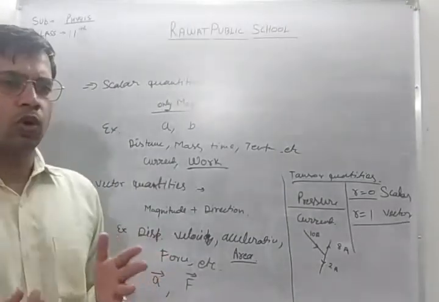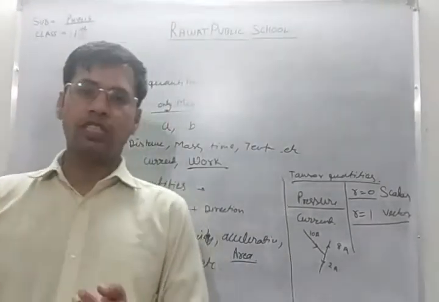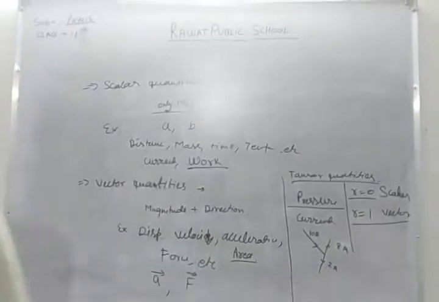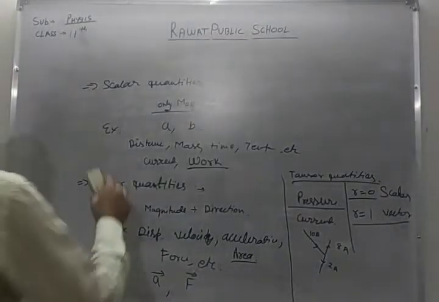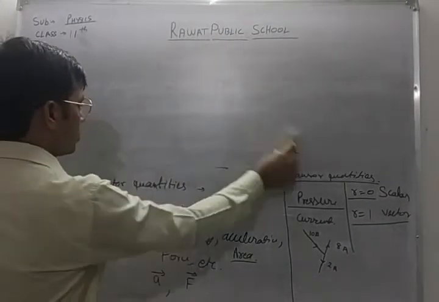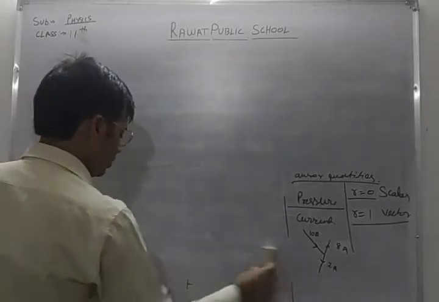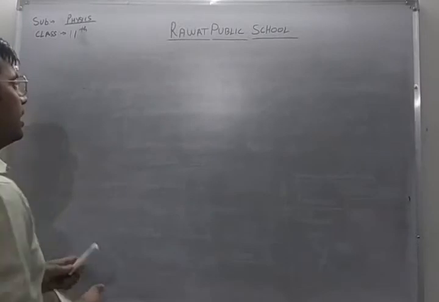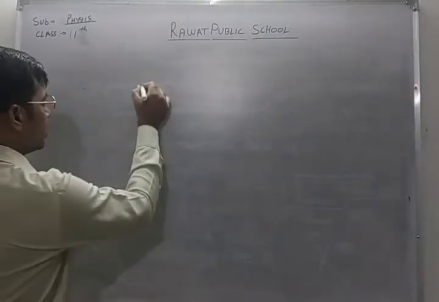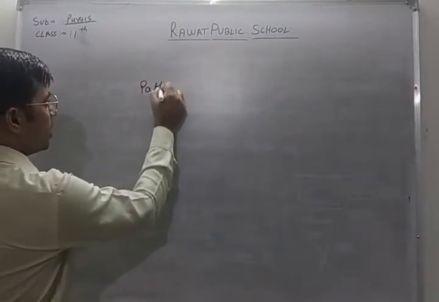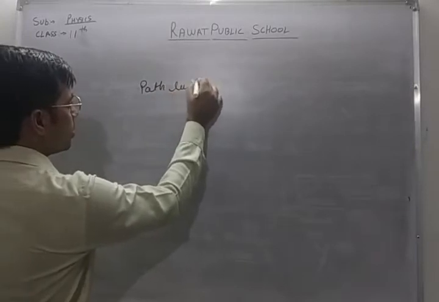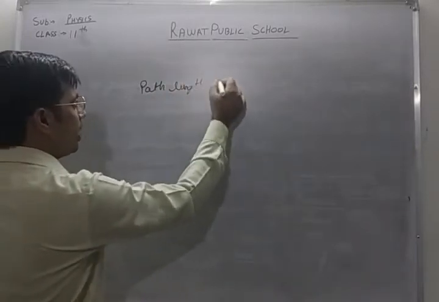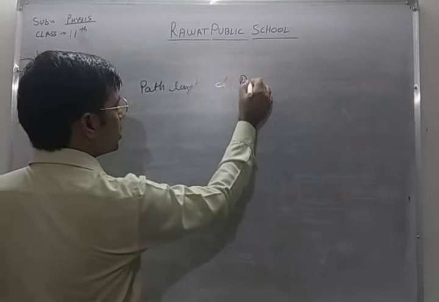Let us discuss some more terminologies related to motion in a straight line. The next thing related to motion in a straight line is path length and displacement.